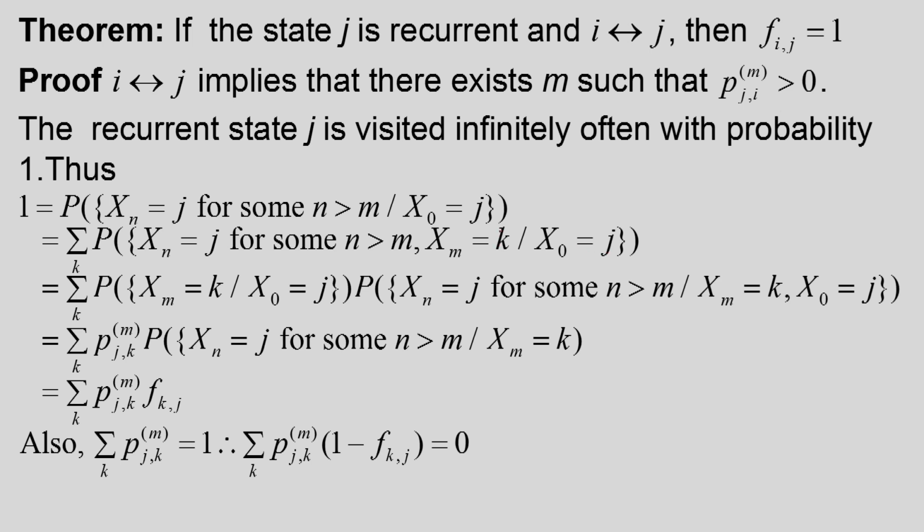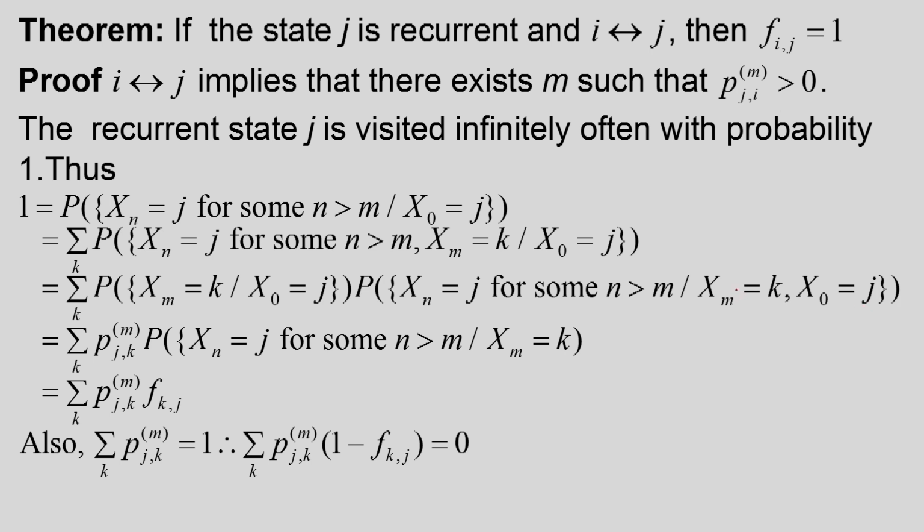Here all values of k we are considering, that is why we can apply the total probability theorem. Now if I start with this event, it is the probability of X_m equal to k given that X_0 is equal to j, times the probability of X_n equal to j for some n greater than m, given that X_m is equal to k, X_0 is equal to j.